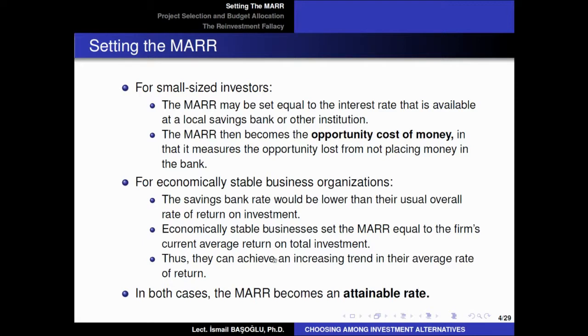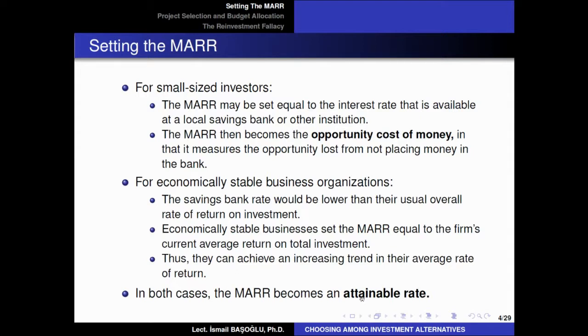Now, in these cases for small size investors, if you set the minimum attractive rate of return equal to the interest rate offered by a local savings bank, or if you set the minimum attractive rate of return to the current average rate of return of the organization, all of these minimum attractive rates of return are attainable rates, which means you can find such projects.